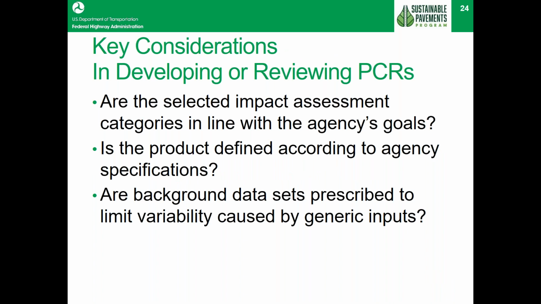So, key things to think about when either developing or reviewing product category rules. One, and it almost seems so obvious that I would probably forget about it: when you're setting up the rules, do you have just the right impact categories to align with actual agency goals?